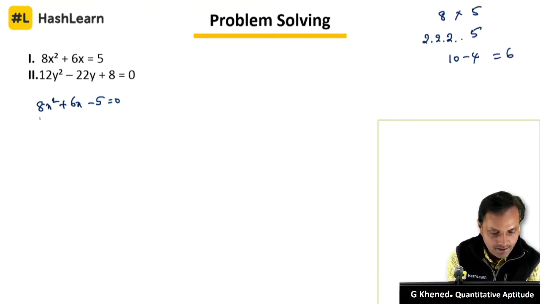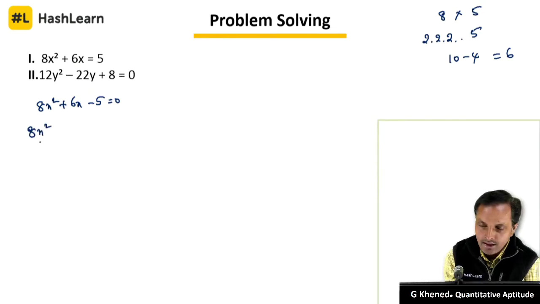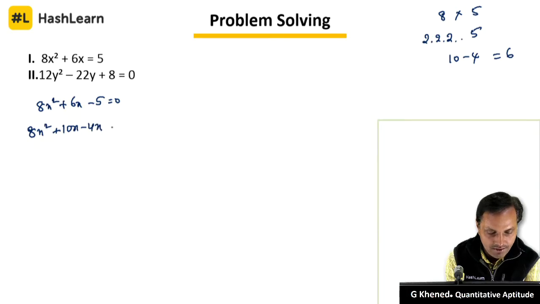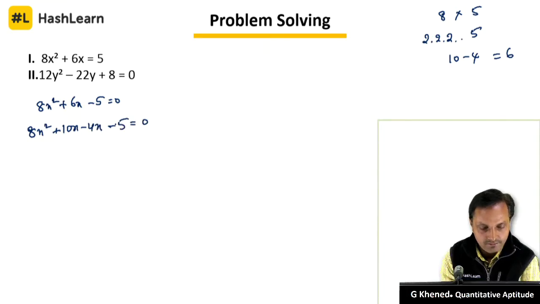So this can be written as 8x square plus 10x minus 4x, which gives you 6x, minus 5 as it is.